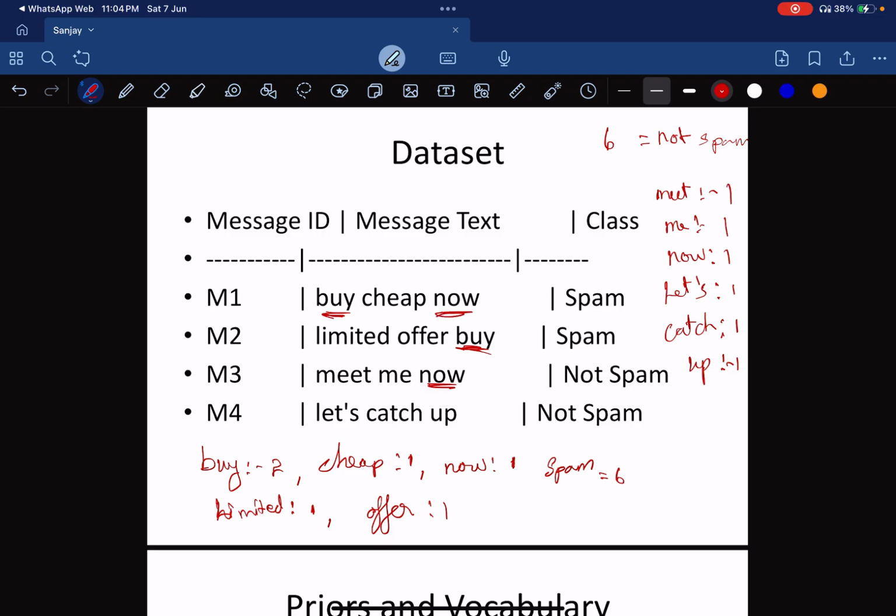Counting: 1, 2, 3, 4, 5, "buy" not counted again, 6, 7, "now" not counted again, 8, 9, 10. So the total number of words in this entire data set is 10. That is called V.